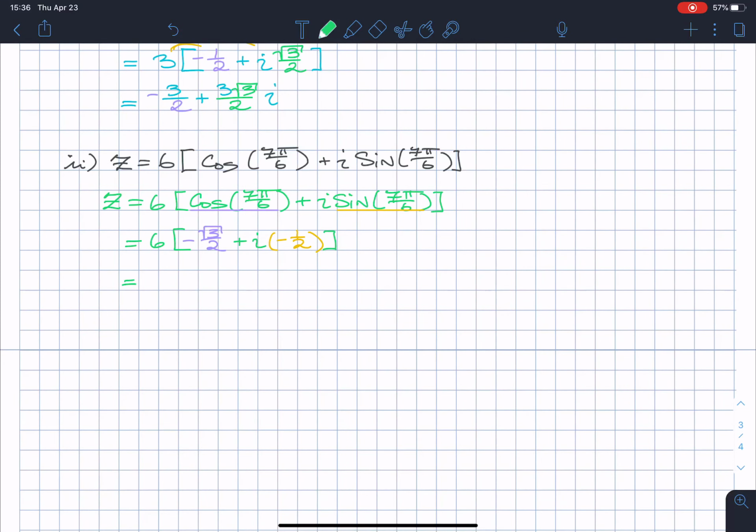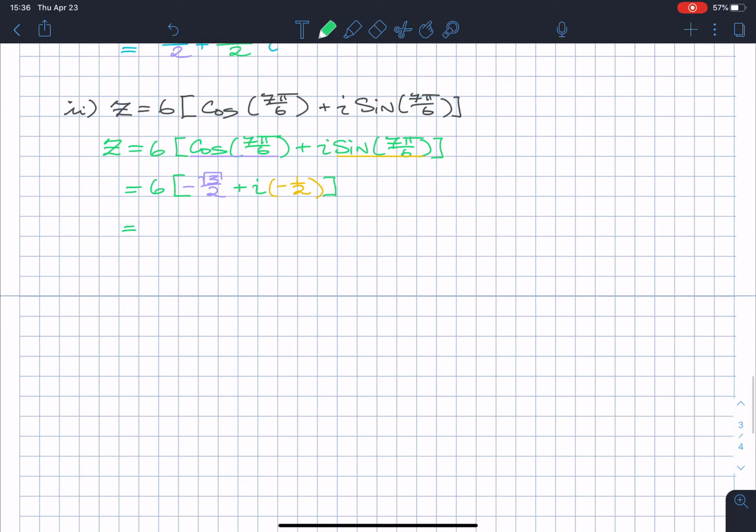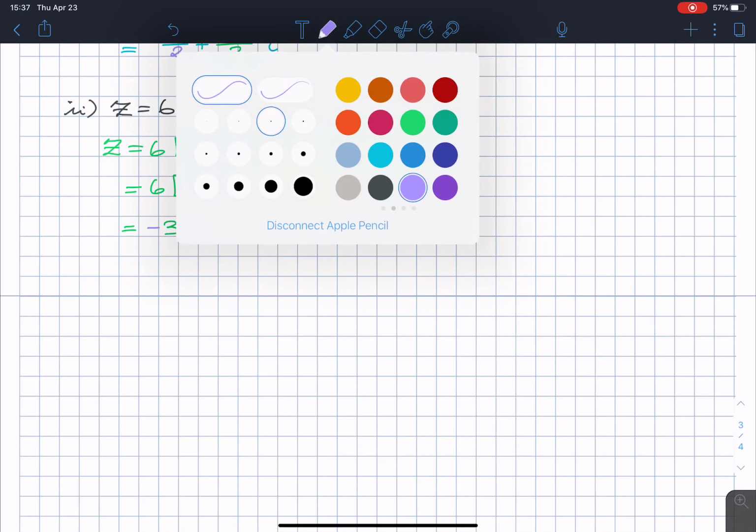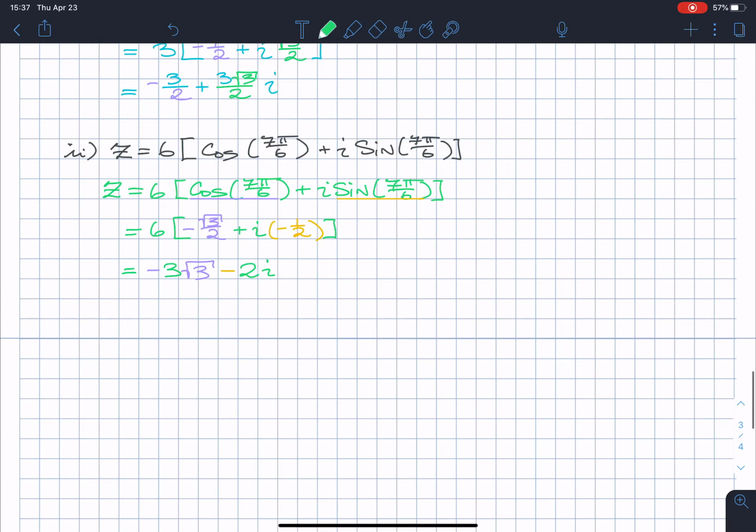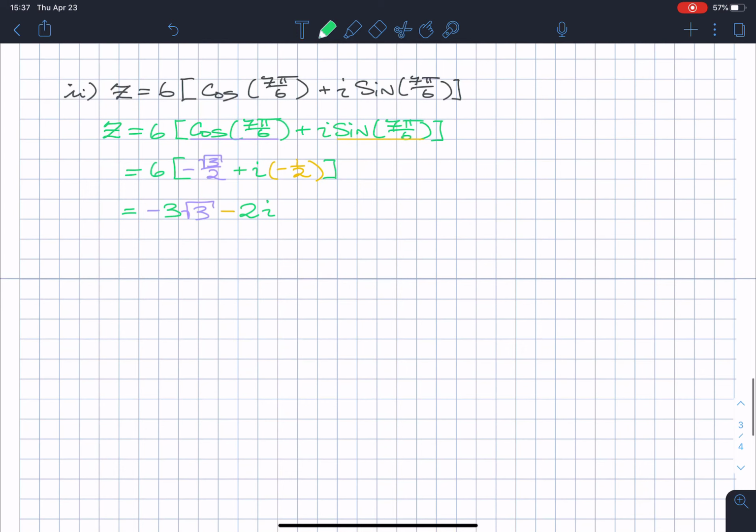Okay, so distributing, 2 goes into 6 3 times, so this becomes minus 3 root 3. And 2 goes into 6 3 times, so this becomes minus 3 times I. Okay, so that is the standard or rectangular form for that one.